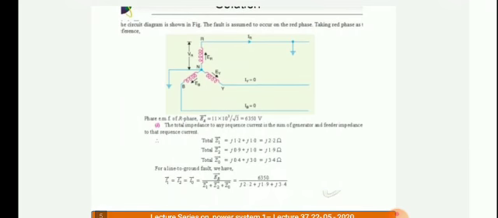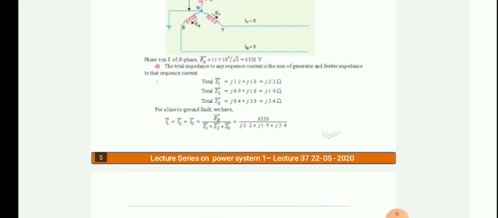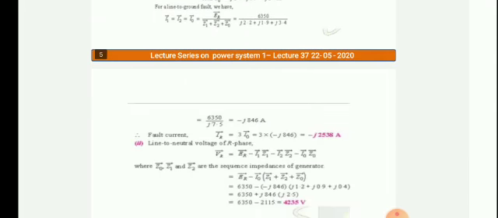So the total Z1, Z2, Z0 have the values of j2.2, j1.9 and j3.4. For a line to ground fault, we need I1 = I2 = I0 = ER divided by Z1 + Z2 + Z0. From this we get the answer as minus j846 amperes.